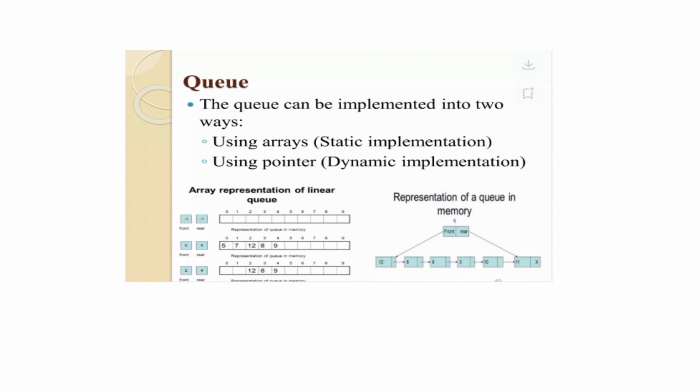In another queue, front is pointing to the second position and rear is pointing to the fourth position. Suppose in this third example we want to insert a new element, we have to increase the rear pointer by 1 and then we can insert the new element.